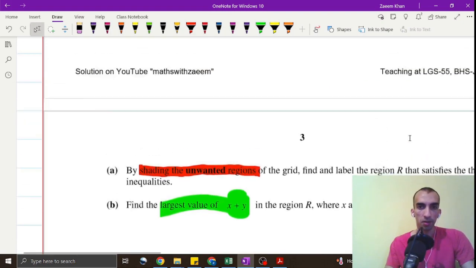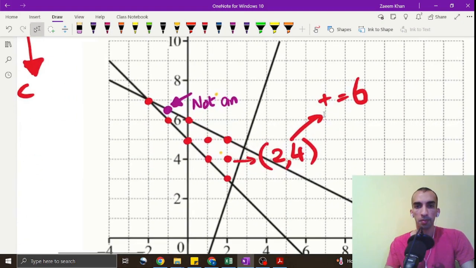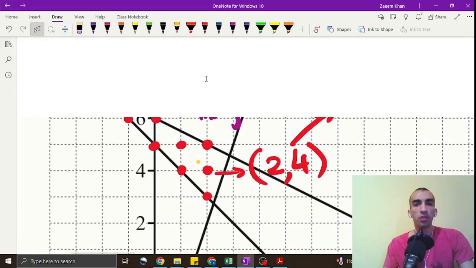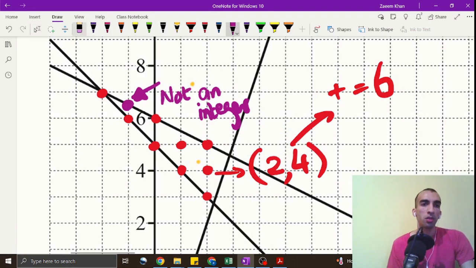Not an integer. Okay. Now, which one of these red dots, when added together, would give us the biggest number?